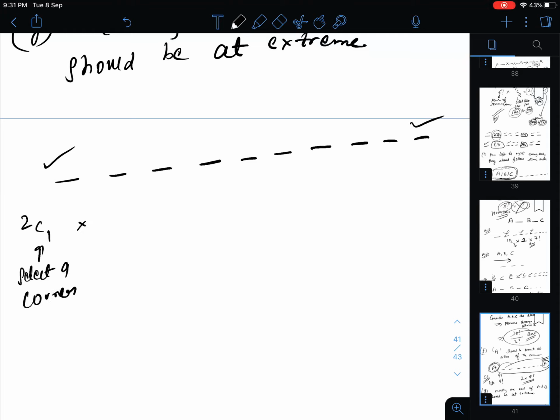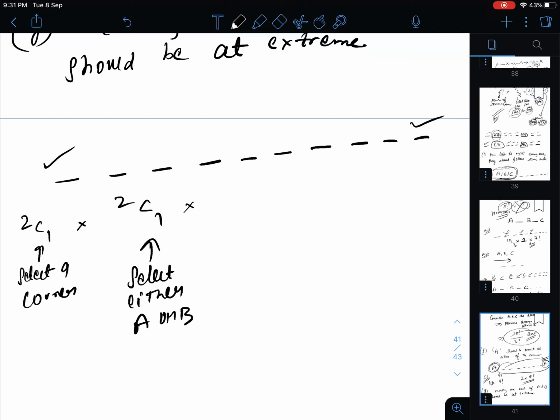Then 2C1, select either A or B. Select either A or B, you know which one of them you want to put at the corner.